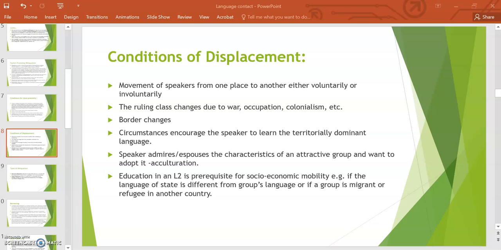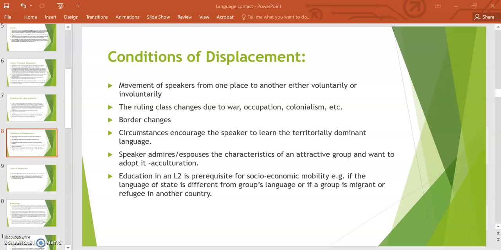So that is voluntarily, and if they have to go and live there, work there, then they need to know the language. And the group of migrants who are there will have to become bilinguals, will have to learn the language of the new place that they have come to.